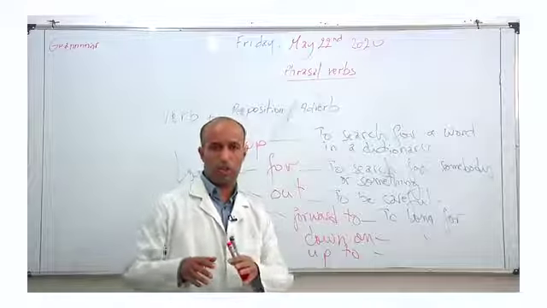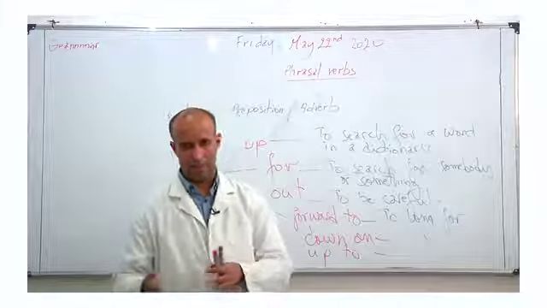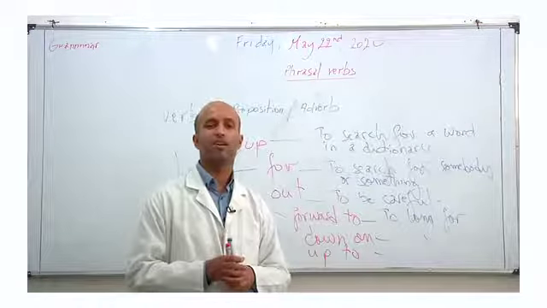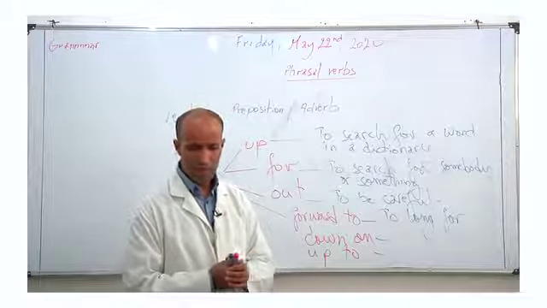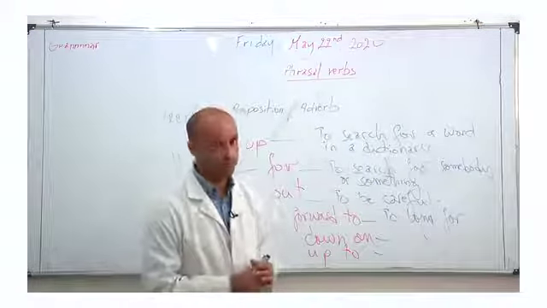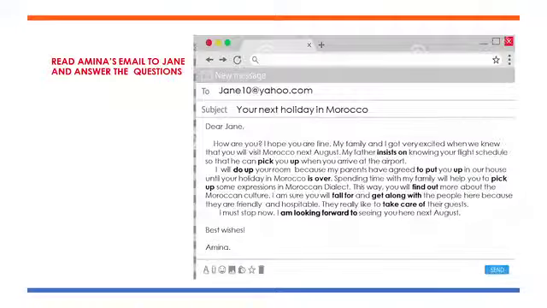So we're going to read the text. It's an email written by Amina to her friend Jane about Jane's next holiday to Morocco. Dear Jane, how are you? I hope you're fine. My family and I got very excited when we knew that you will visit Morocco next August.